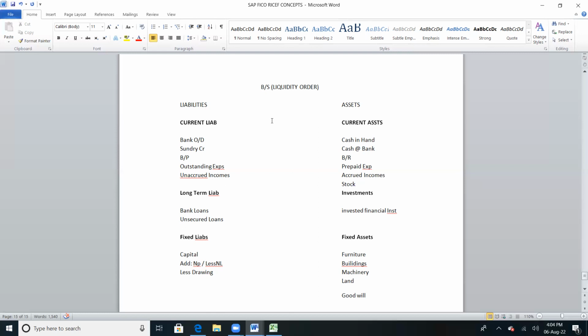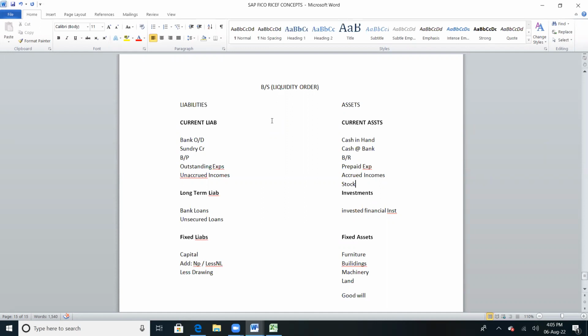Whereas on the liability side, the least urgent payment will be shown first. What would be the least urgent payment? Capital. Capital will be shown first.